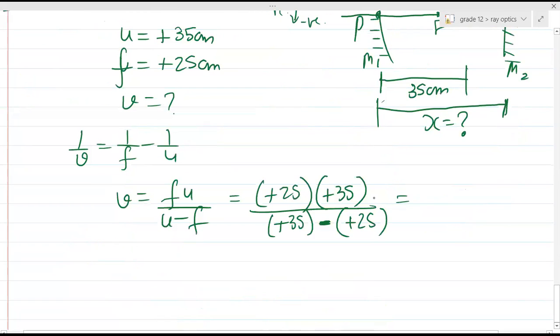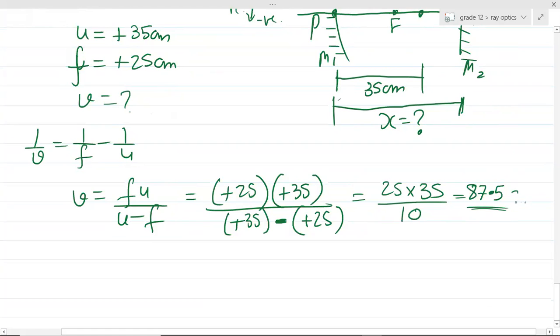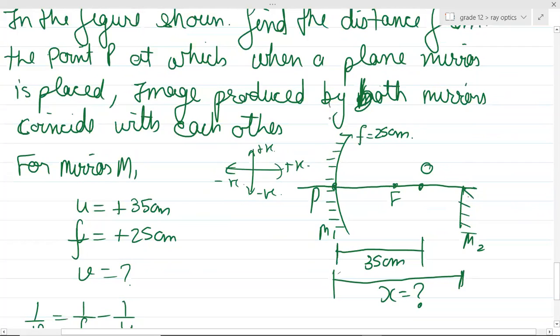So from here, 25 into 35 divided by 10. Can anyone calculate? 87.5. So basically 87.5 centimeter away. Are you sure? Is the calculation correct? Okay. So now we know that the image is formed where?